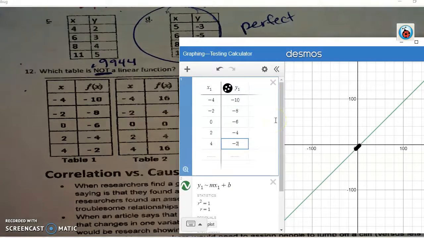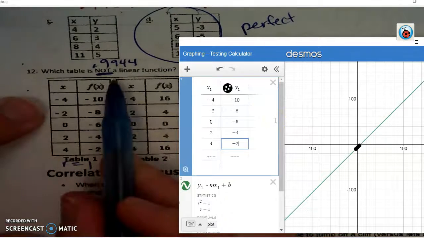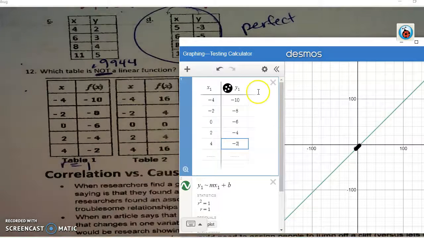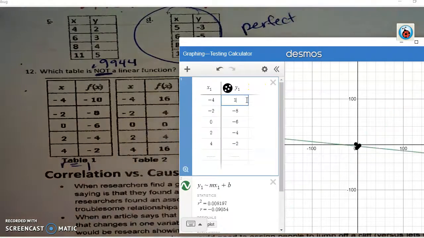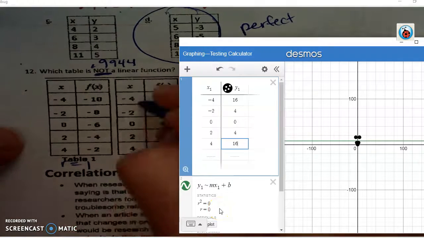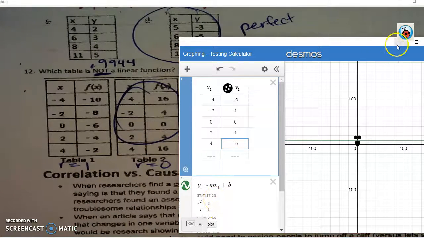This one gives you an R value of 1. Remember, we're looking for one that is not a linear function. If you put in answer choice B, this one gives you an R value of 0, which means it is not a linear function.